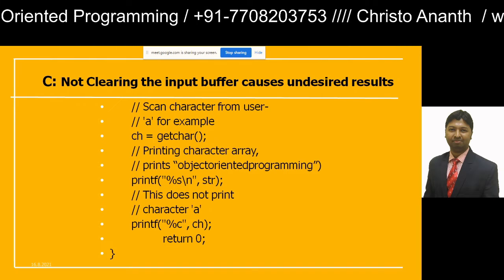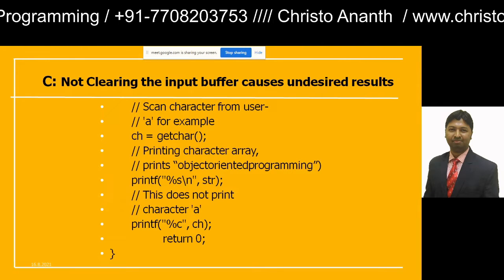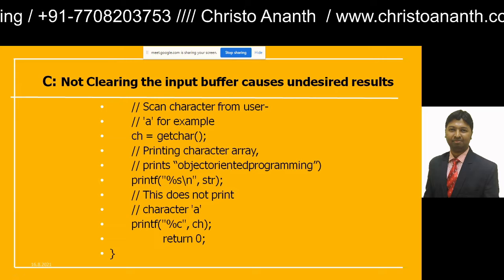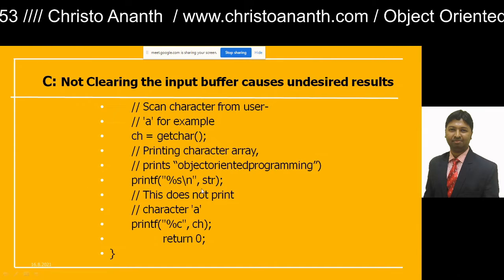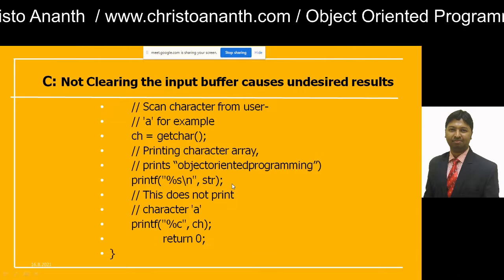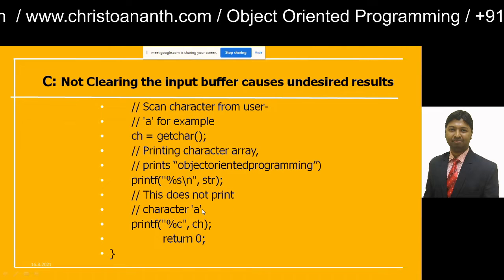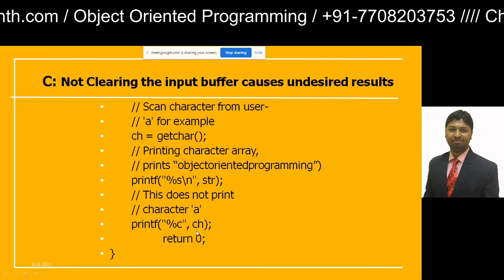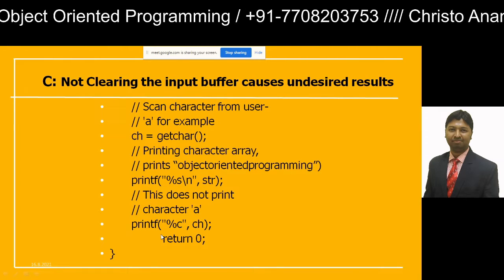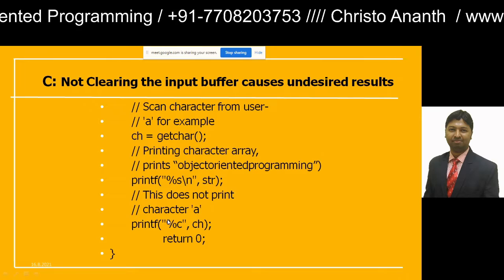Now you print the character array, the object oriented programming, so you go for printf %s with the str string, but it does not print the character a, so you go for printf %c ch, and finally you return 0.